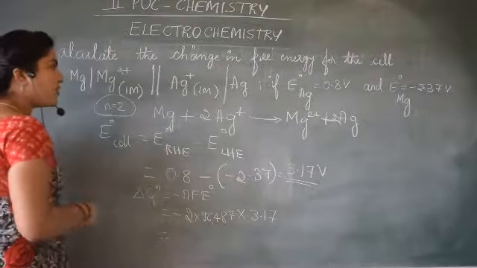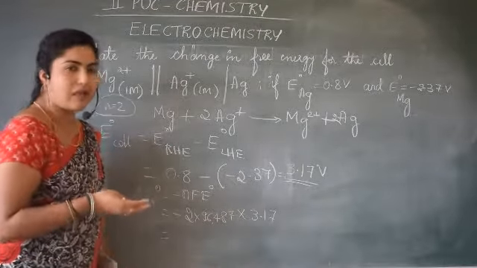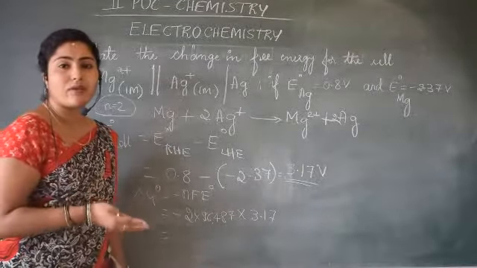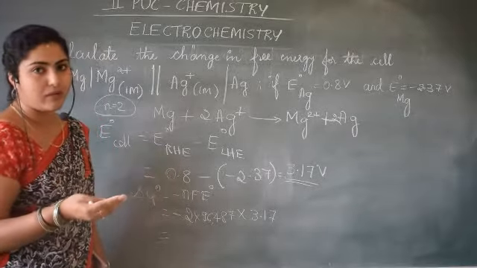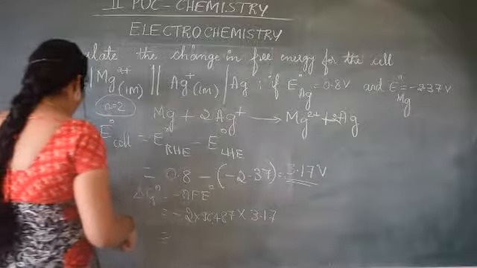Energy you will have to calculate in terms of joule. Sometimes they would have given you the value of Gibbs free energy and ask you to calculate the electrode potential. That also you should be knowing.